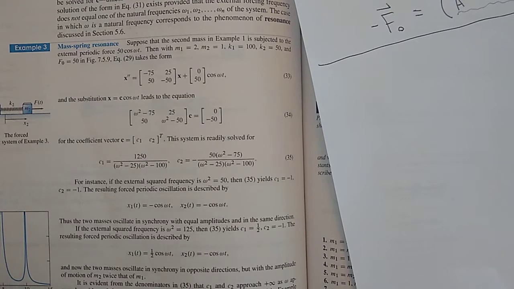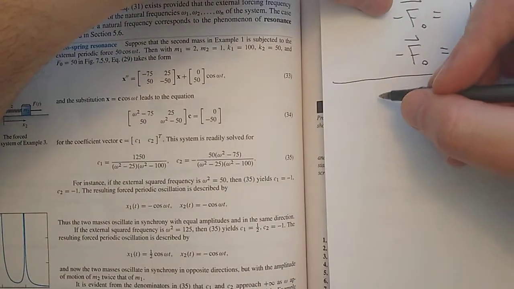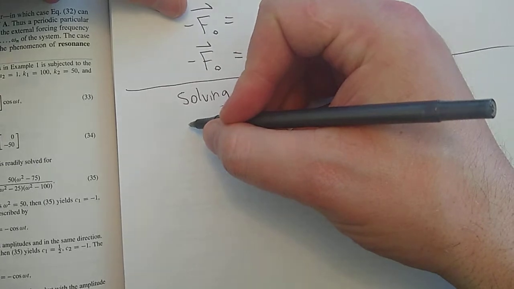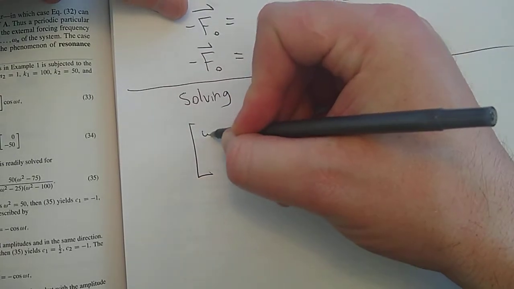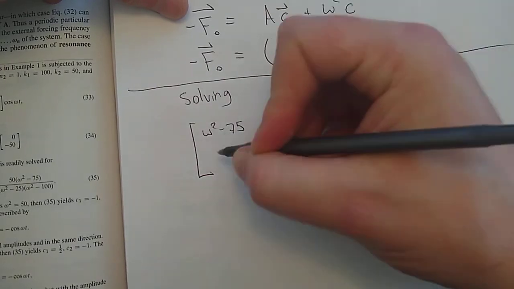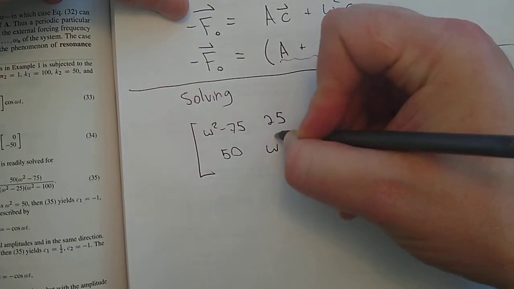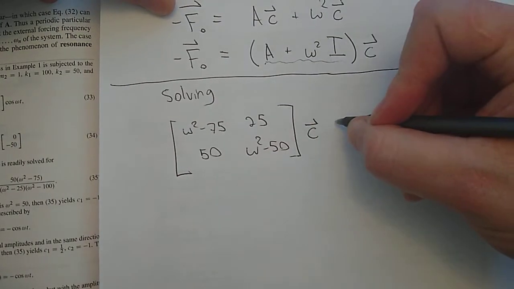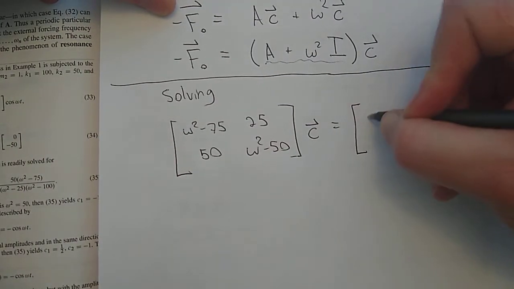Maybe with Cramer's rule, actually. So yeah, let's talk about that. We are solving this times C equals this.